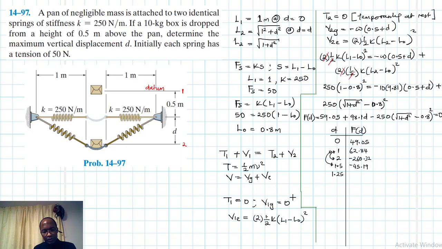We do the same, 1.25. So what do we have? We have 21.36. So these become the two smallest values, 1.25 plus 1.5 divided by 2. This we get 1.38.